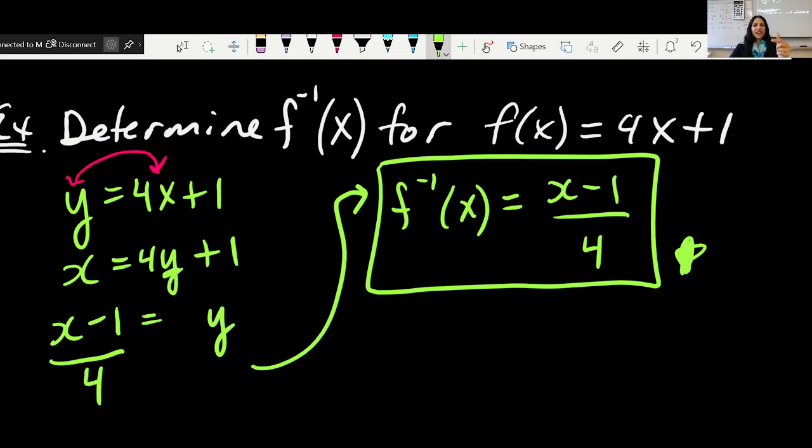Do you see I could either plug this new one into the original and have everything cancel out? Or the other way around, I could plug f of x into the inverse and have everything cancel out. Because if you think of what we just did, we swapped them and found the complete inverse or opposite.